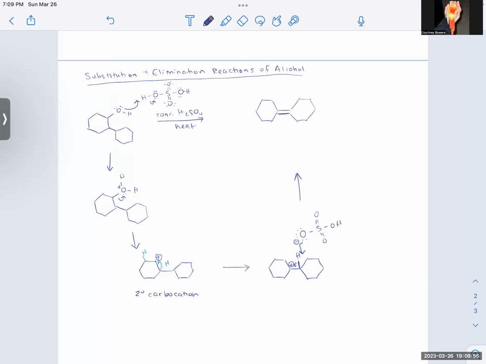Literally what I was thinking. Yeah. So we end up with the more substituted alkene, right? Because we have a methyl here, so it ends up being the more substituted alkene.